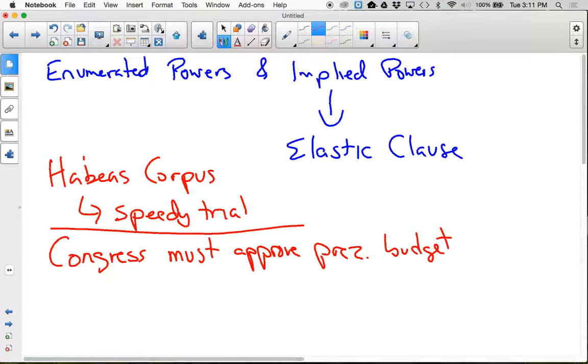Finally, states are limited to what they can do. All right? And we'll talk about this more when we get to the Bill of Rights. But the idea is that a state cannot have a foreign policy of its own.